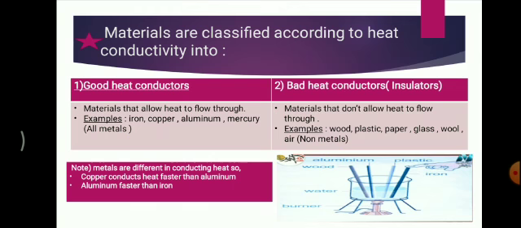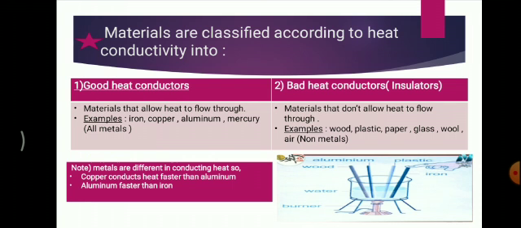As we said before, primary, all metals are good conductors of heat, but not all metals conduct heat to the same degree.